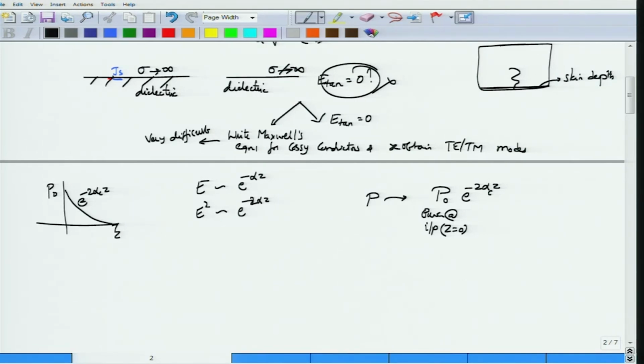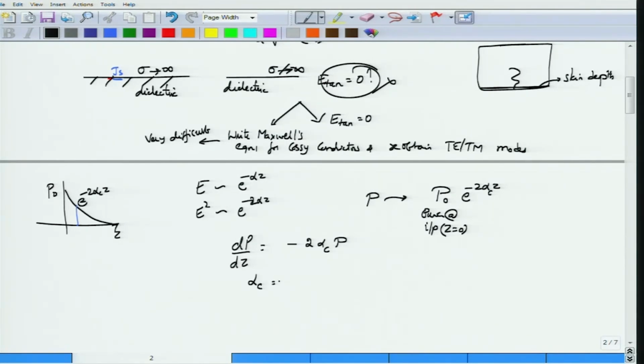Now we find out, at a particular distance z, how quickly the power is varying. So dP by dz, the rate at which power is decaying inside the waveguide, would be equal to minus 2 alpha c times P.